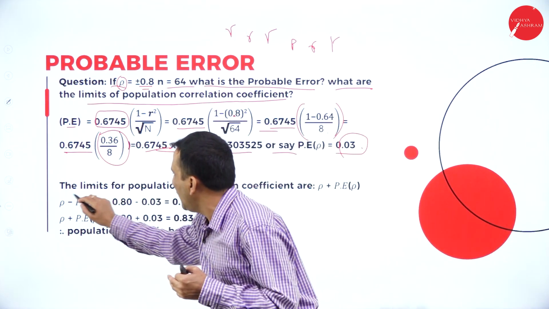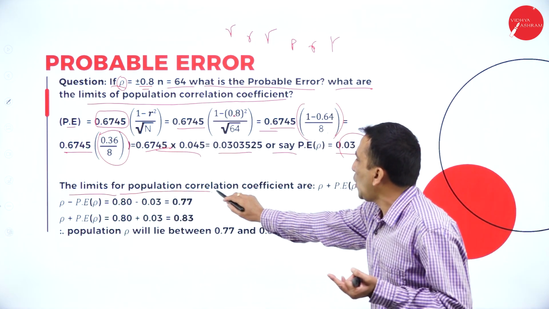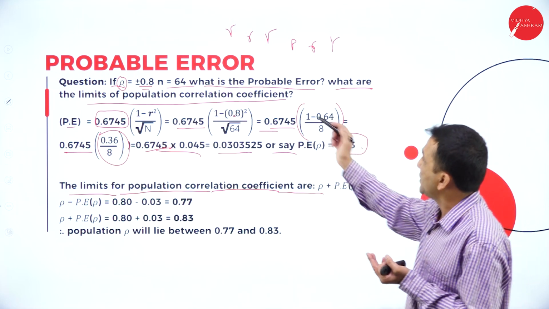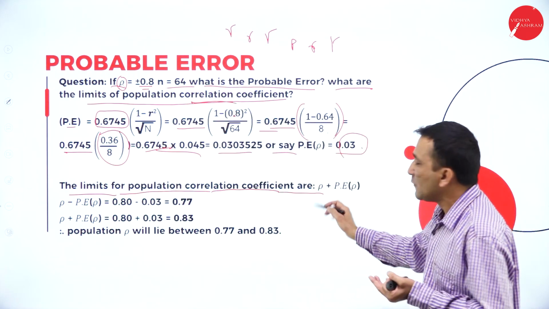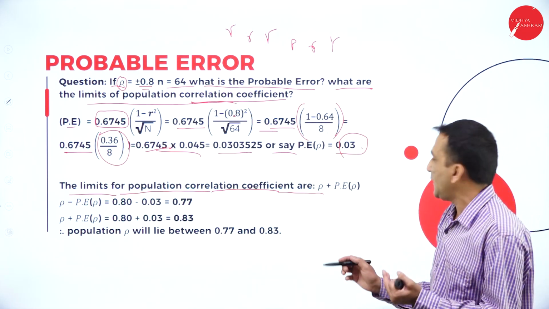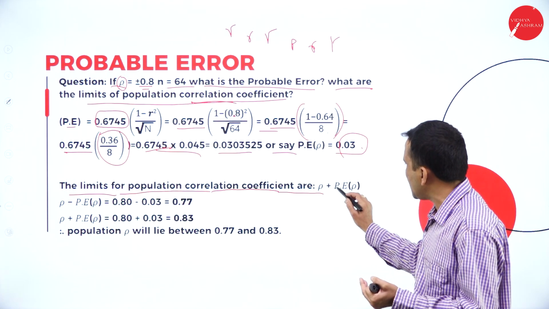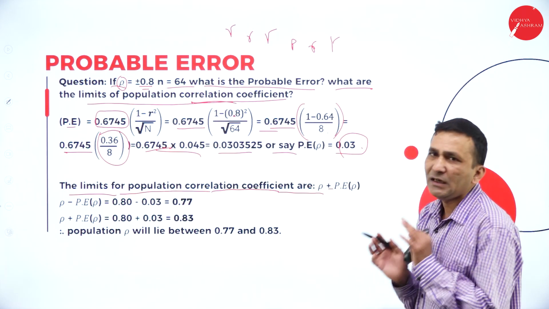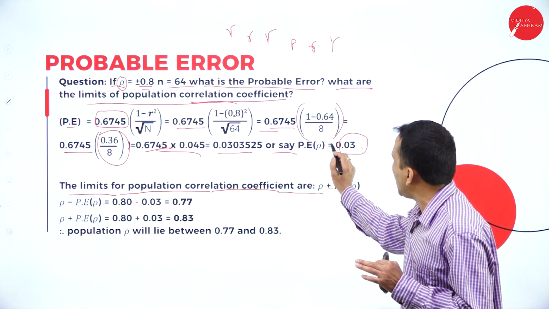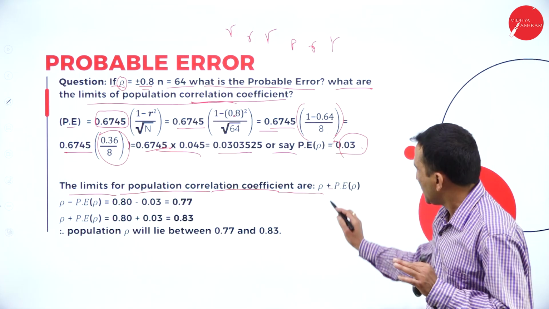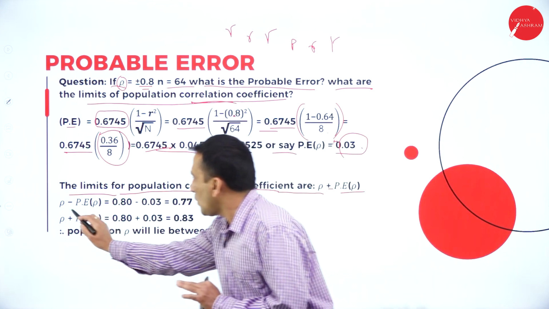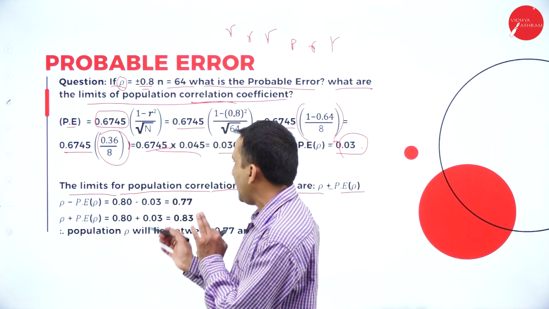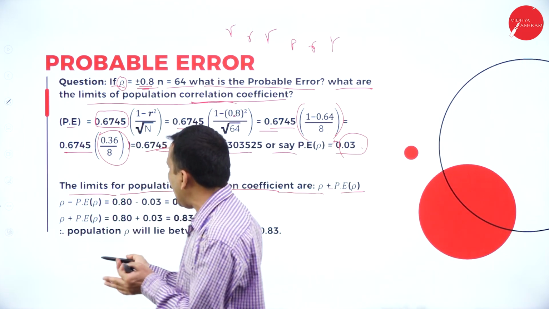So here, the limit for the population correlation coefficient is specified with a plus or minus sign, and the probable error is approximately plus or minus 0.03.